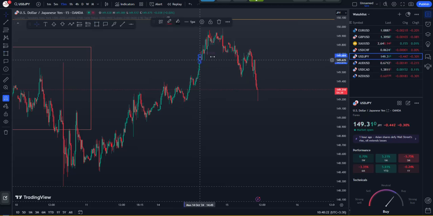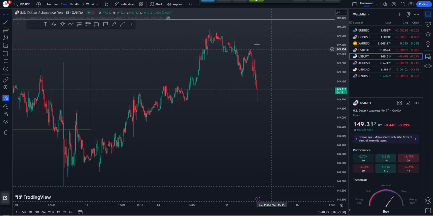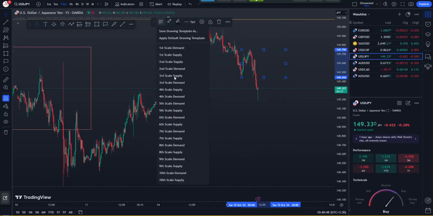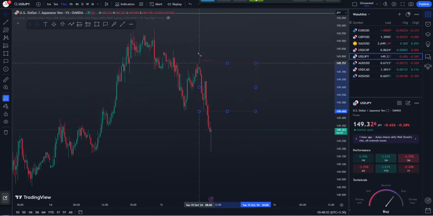Old price makes that high, making a swap here, and this swap is created here. Okay.